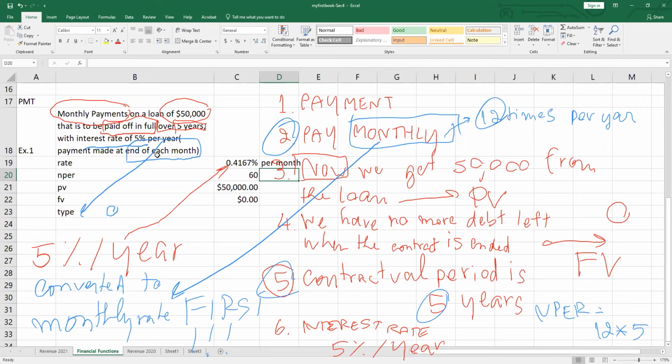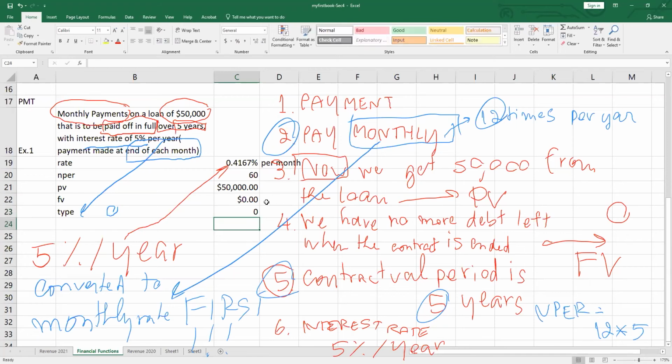Type is a logical value, 0 or 1 only. On some terms before, I found that students, when they calculate, use type as something like 50,000. No. Type is just a logical value, 0 or 1, to state when we pay the money. So in here it's 0.